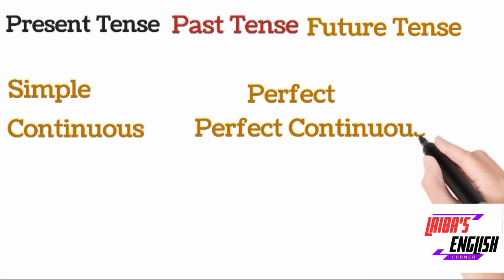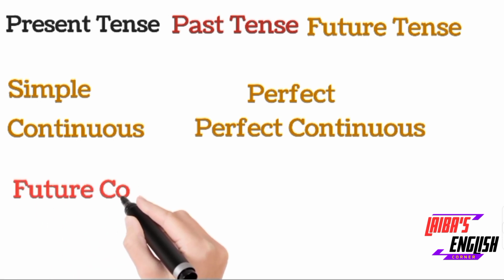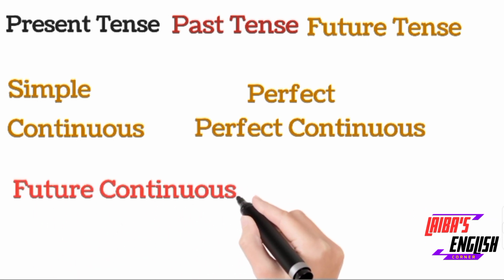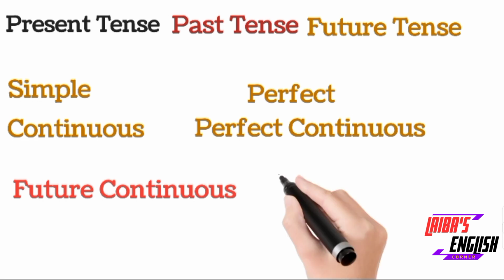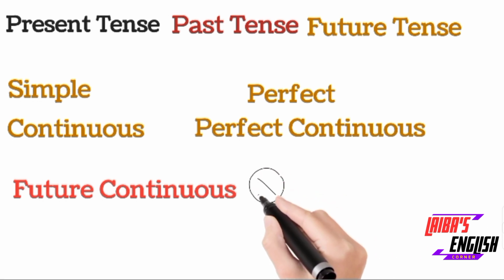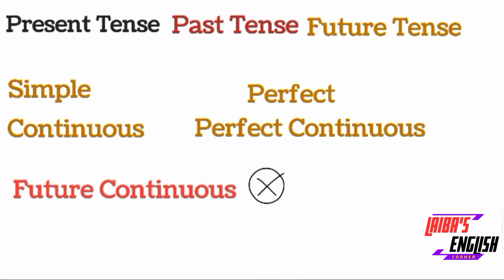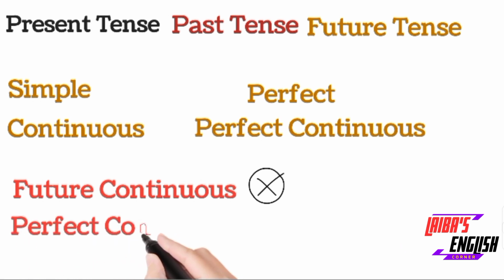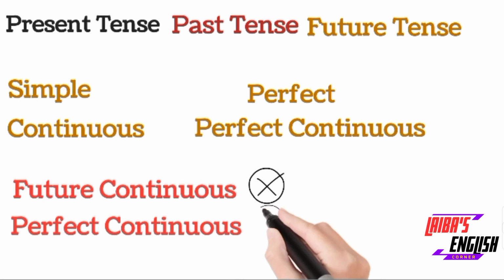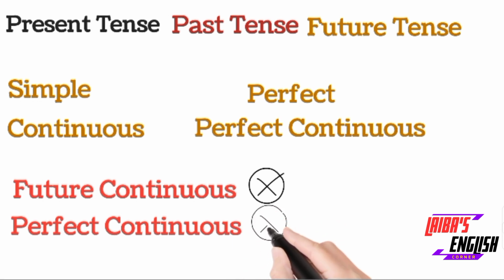Now we will see which can't make passive. Always remember, whenever there is future continuous tense, future continuous active voice can't be changed into passive voice. And secondly, the perfect continuous tense of all these 3 tenses, whether it is present perfect continuous, past perfect continuous or future perfect continuous, can't be changed into passive voice.